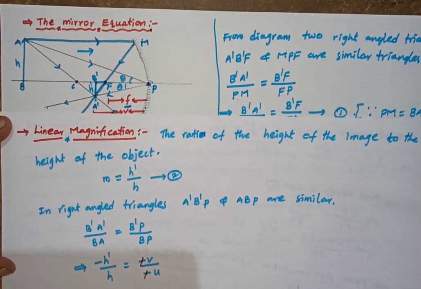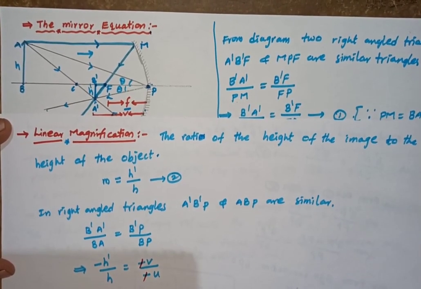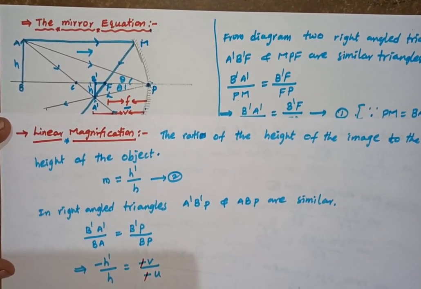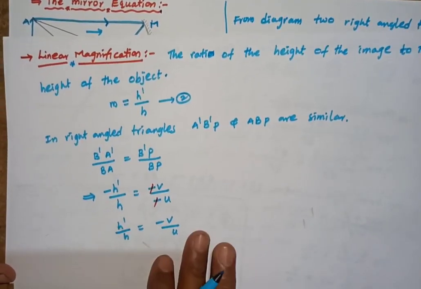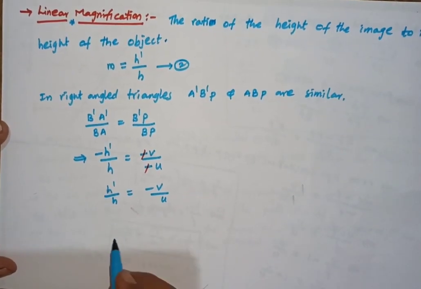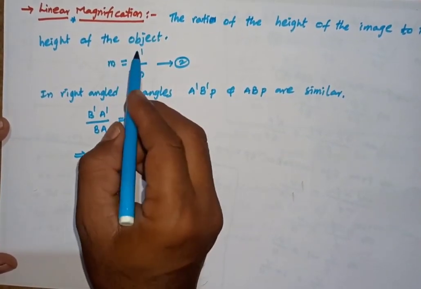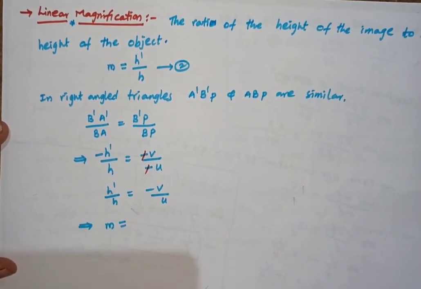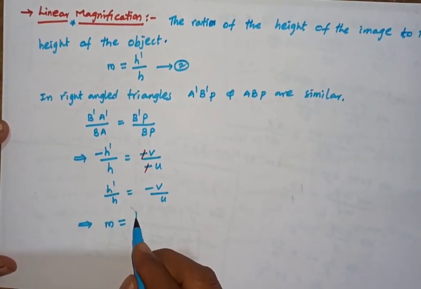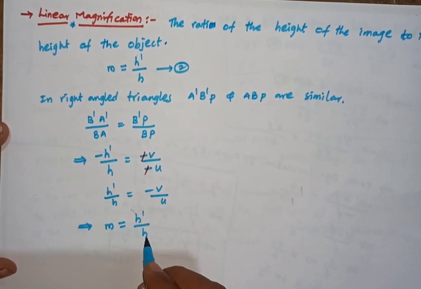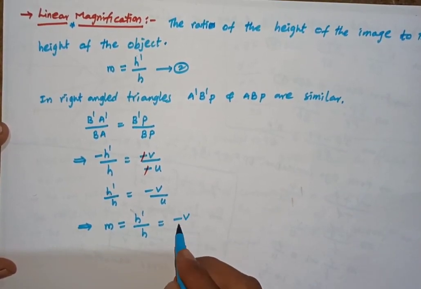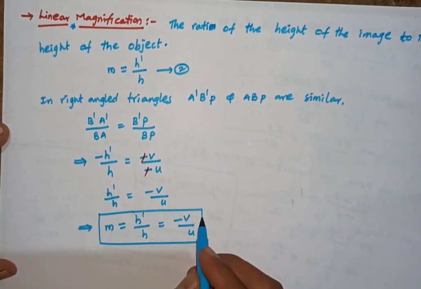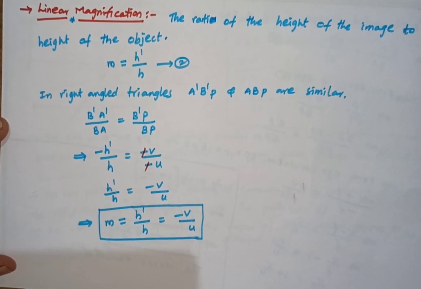So then h dash by h equals minus v by u. So h dash by h is linear magnification m equals h dash by h equals minus v by u. So this is the linear magnification equation.